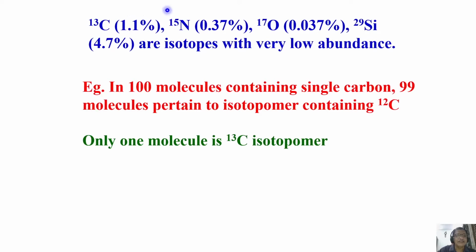Because carbon 13 is 1.1% abundant and carbon 12 is 99% abundant, in 100 molecules, 99 molecules are the isotopomer containing carbon 12. Only one molecule is the carbon 13 isotopomer. Remember, if I have 100 molecules containing a single carbon, I'll be detecting only one molecule. This I took as an example.